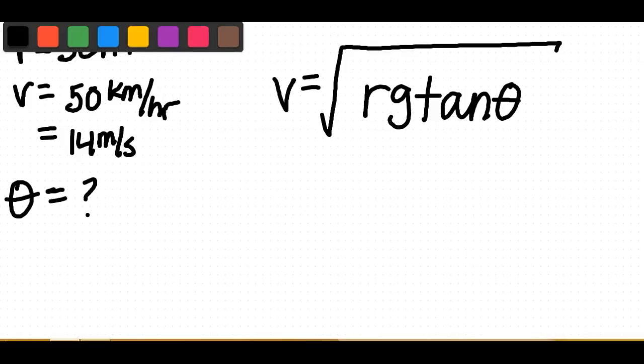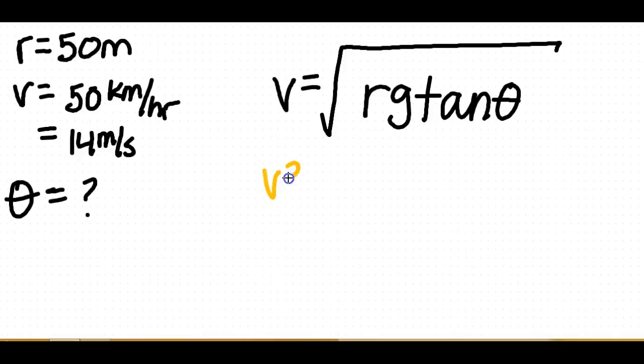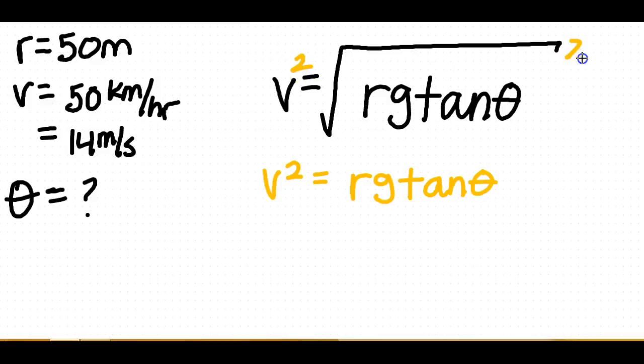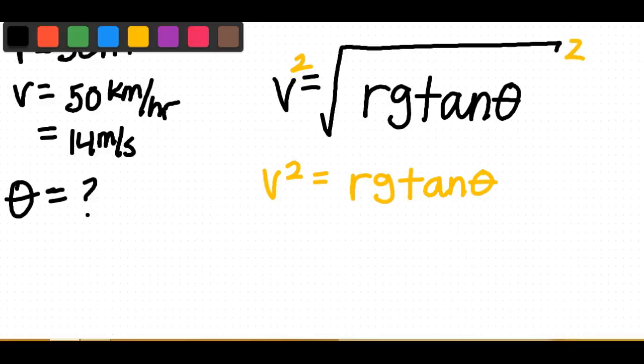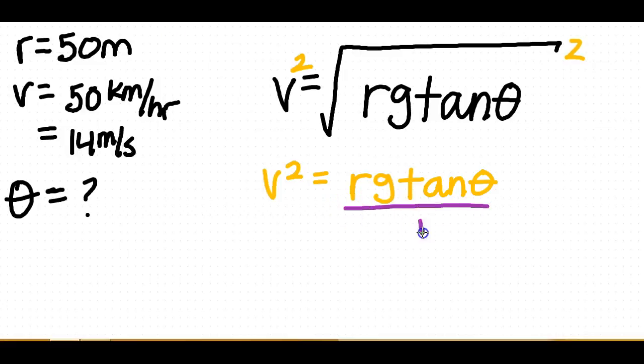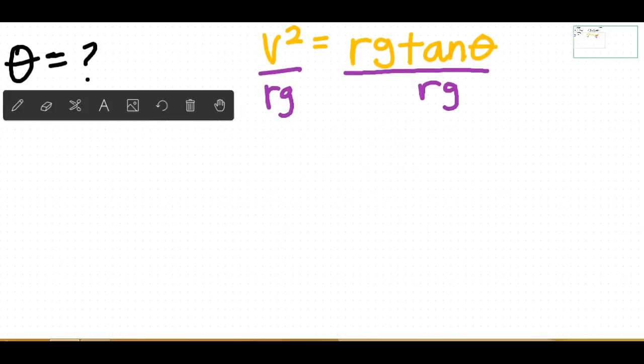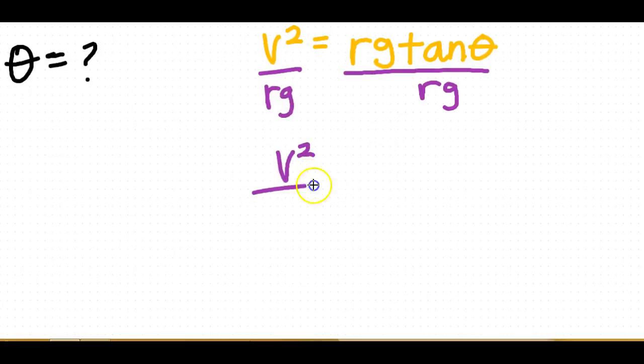The first thing we have to do is square both sides. We get velocity squared is equal to RG tan theta. Then the next thing we have to do is divide both sides by RG. So we end up with V squared over RG equal to the tangent of theta.